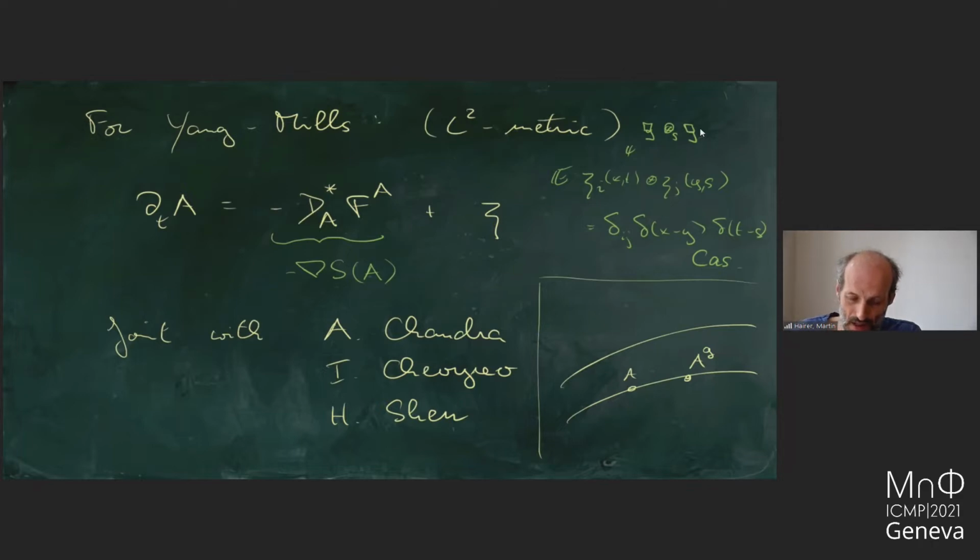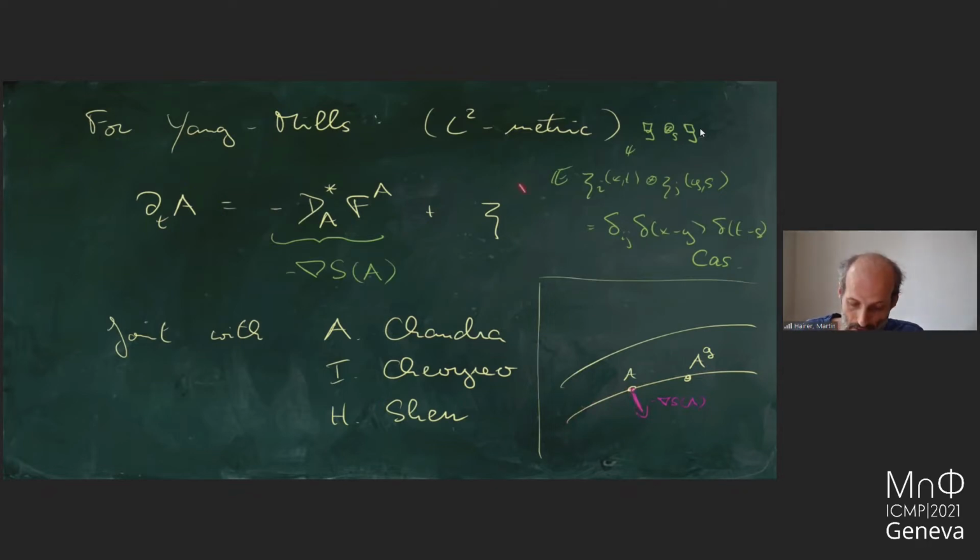We see a reflection of this problem here. Since this is the gradient of S of A, this vector field, minus gradient S of A, points at every point in a direction orthogonal to the gauge orbits. Because S is constant on these sets, the gauge orbits are part of the level sets of S, and so the gradient should be orthogonal to them.